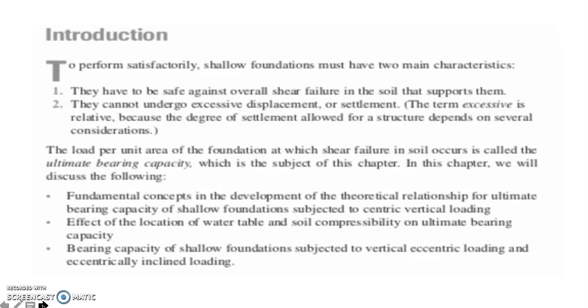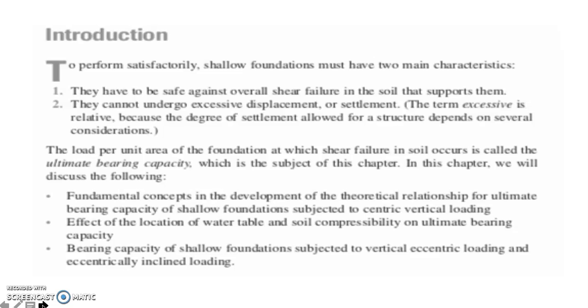When you talk about ultimate bearing capacity, we're talking about the maximum pressure that can be supported by the foundation without any failure. So take note that ultimate bearing capacity is the theoretical maximum pressure which can be supported without failure.